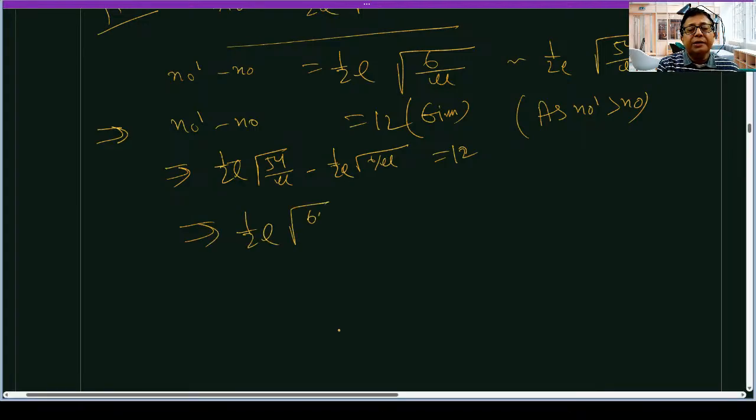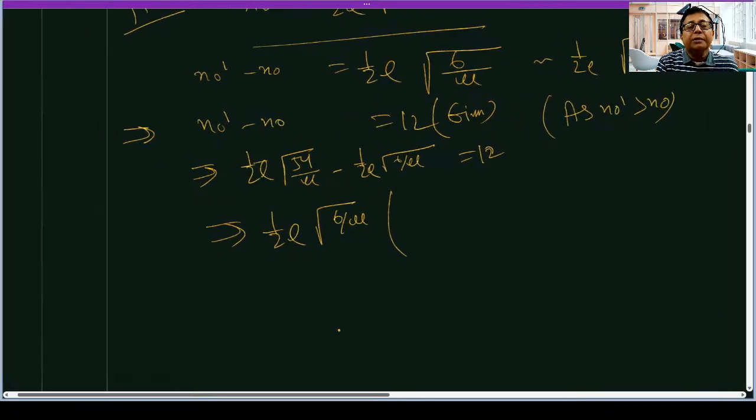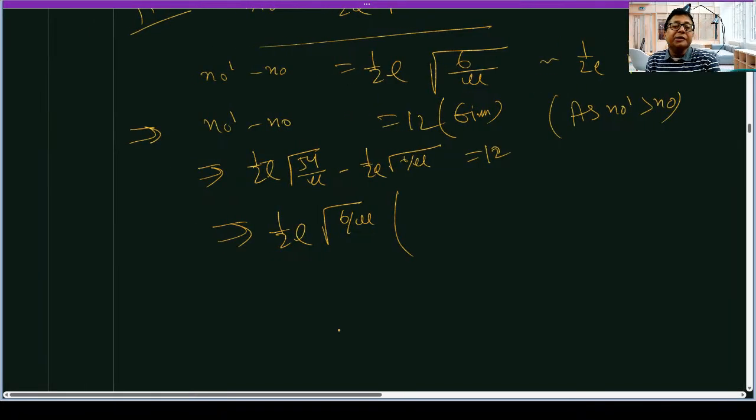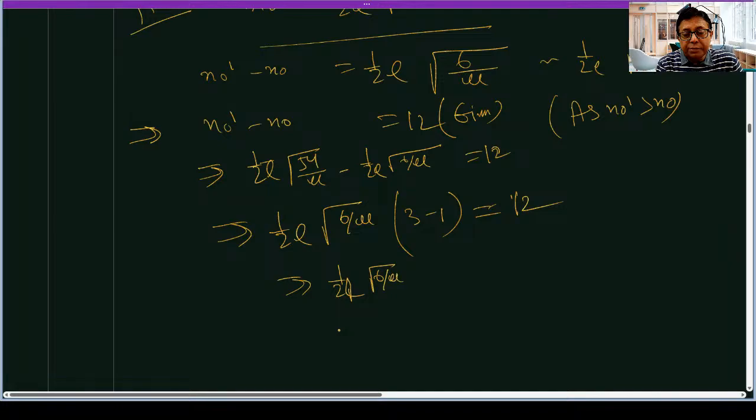Take root 6 by mu common. So root 54 by 6 is root 9, which means 3, minus 1, equal to 12. This is equal to 12 by 2, no? Just check.